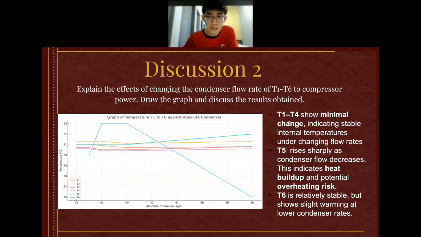From the graph, you can observe that from T1 to T4, it shows only minimum change, indicating stable internal temperature under changing flow rates. When it comes to T5, it suddenly rises sharply as condenser flow rate decreases. This indicates heat build-up and the potential of overheating risk. T6 goes back to relatively stable, but at the last part, it shows slight warming at the lower condenser rate.